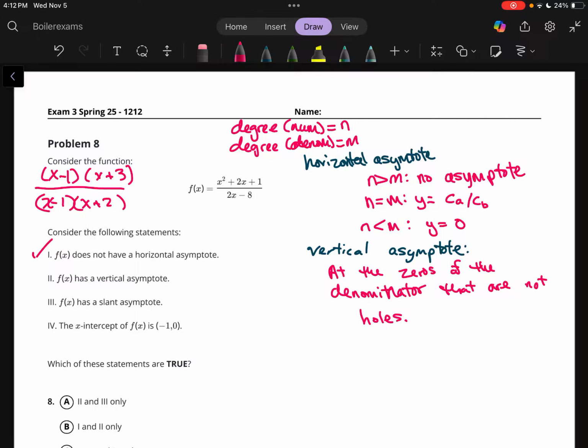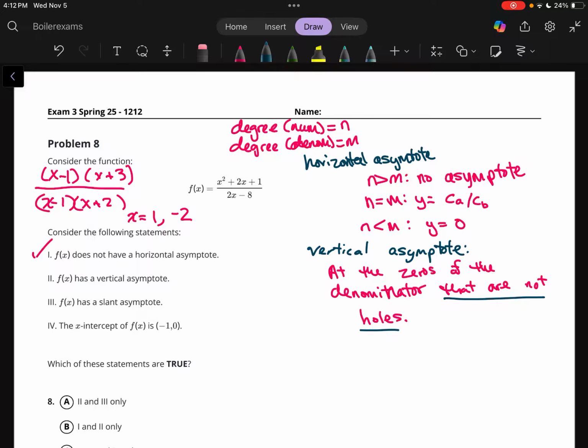So the zeros are the values for which this denominator is equal to 0. That would be x equals 1 and x equals -2. However, I do have this extra stipulation. The zeros cannot also be holes. If you remember, holes occur when both the numerator and the denominator have a value of 0.